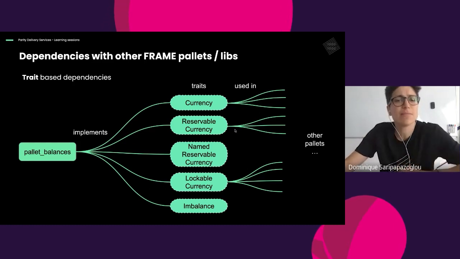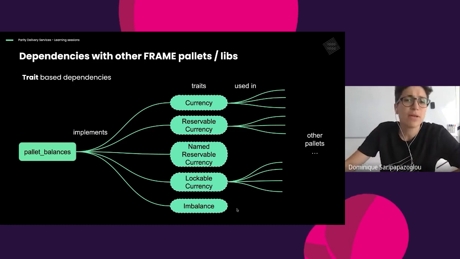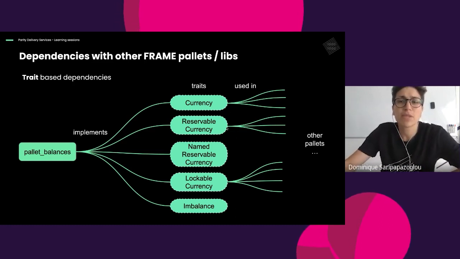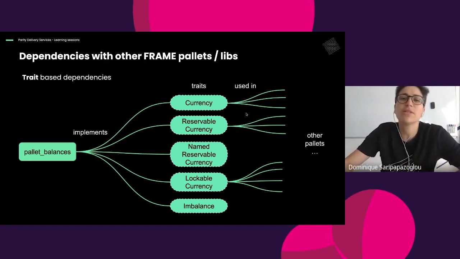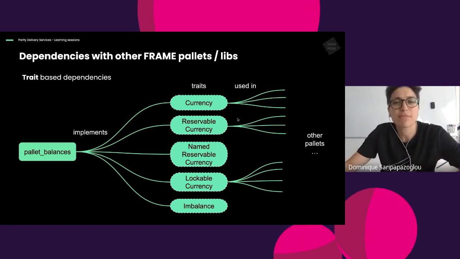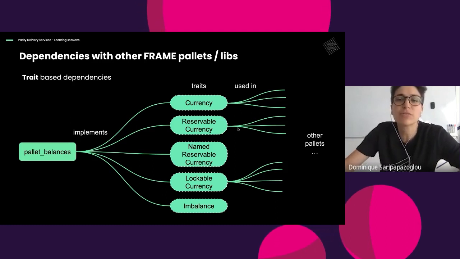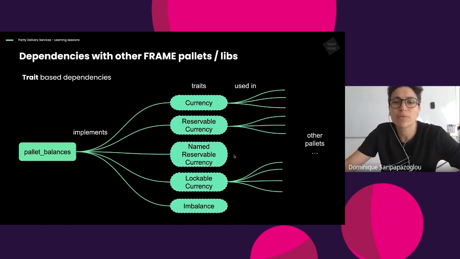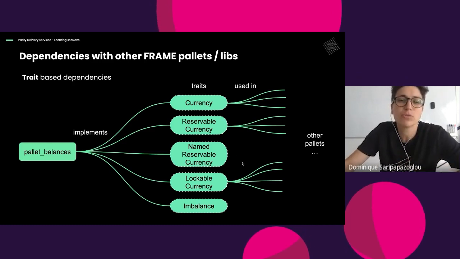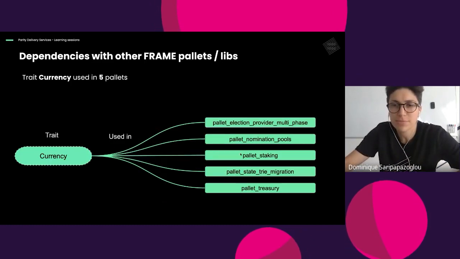I think not to explain most of them, but very quickly, the trait of currency deals with the fungible assets. The reservable currency deals with reserved funds in accounts. Named reservable is when we want a specific named account to reserve funds.